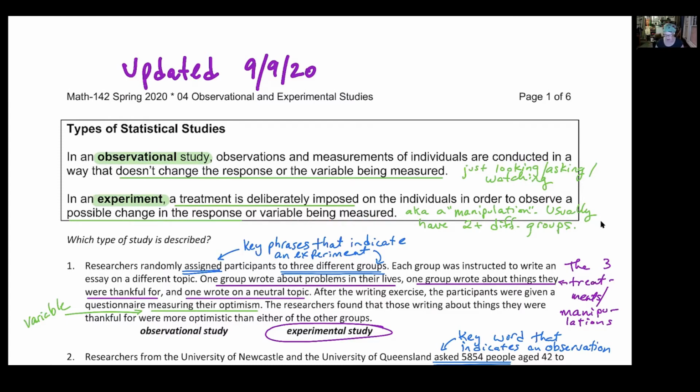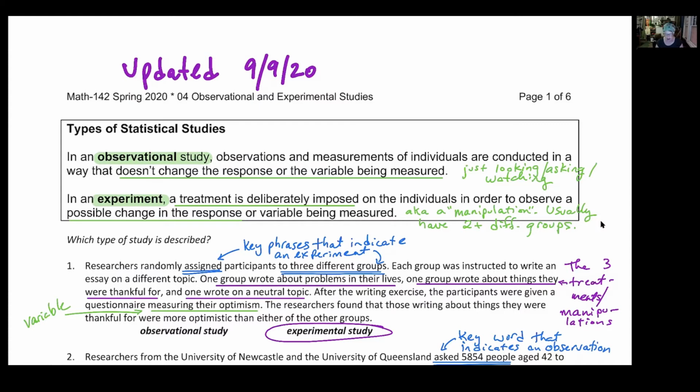Okay, so that is to say you're manipulating something. And usually in an experiment, there's 2 or more different groups. So if you see in the narrative that people were assigned to groups, that's more than likely going to be an experiment. If you see that people were looking at something, asking about something, or watching something, that usually means that it was an observation.